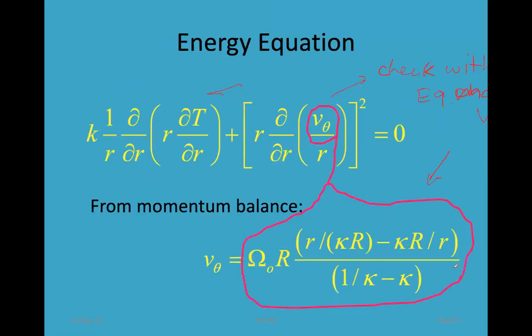Anyway, from the energy equation you end up with this one, and then we can check with the equation of change. If you remember our calculation before, this is going to be the tau r theta from the momentum balance. So we end up with a similar equation.